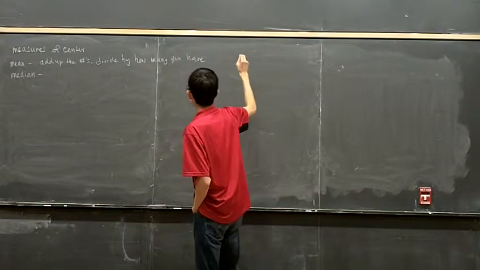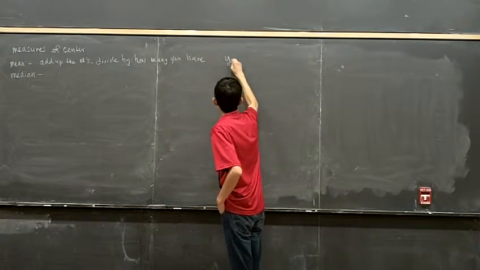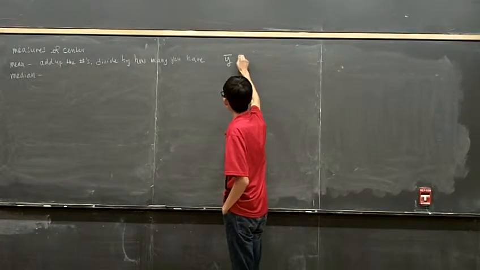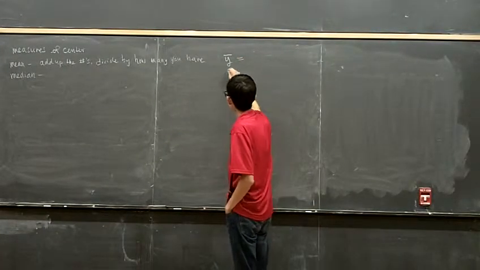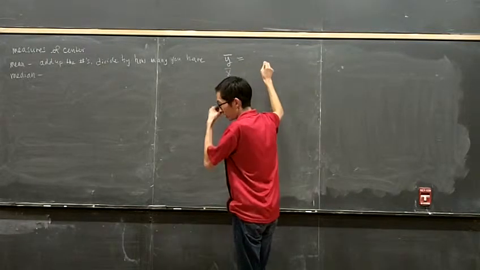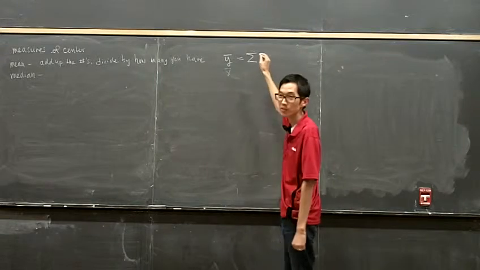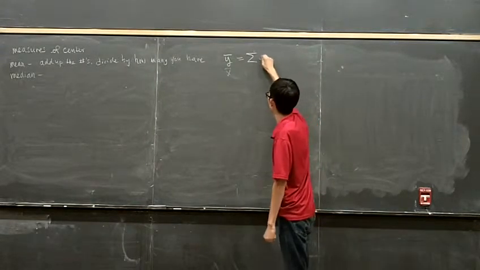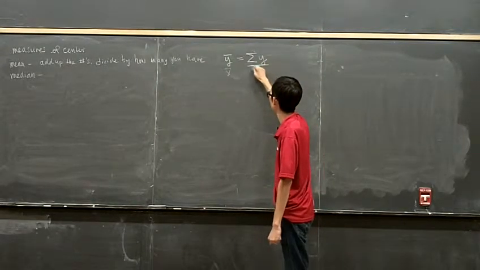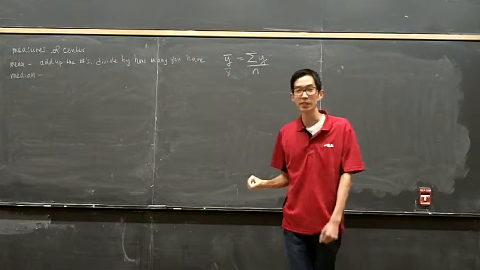So for the mean, we use the symbol y bar. Sometimes we use x bar. Y bar or x bar, and to say add up all the numbers, we use this symbol, which means sum. Sum of all of the y's, divide by n, the number of numbers you have.